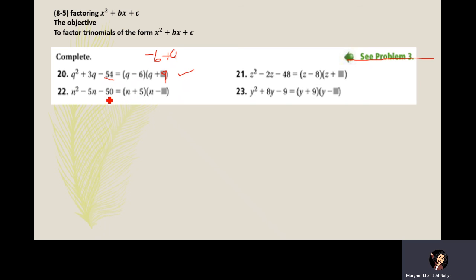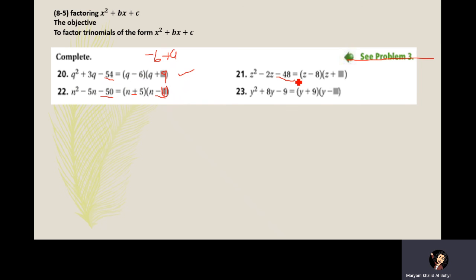Here, it's easy and basic because they already gave us the sign, so I'm not worrying about it in filling the blank. What is the number when I multiply it by 5, I will get 50? 10. Once you add them according to their sign, it is -5, and that's what I need. Same thing with this one, 48. What is the number once you multiply it by 8, you will get 48?